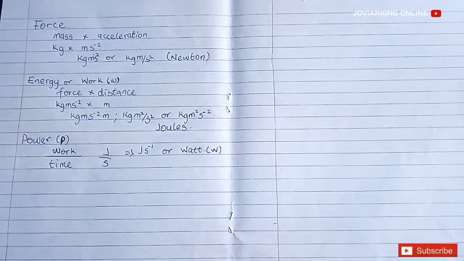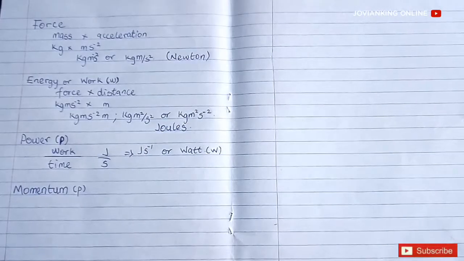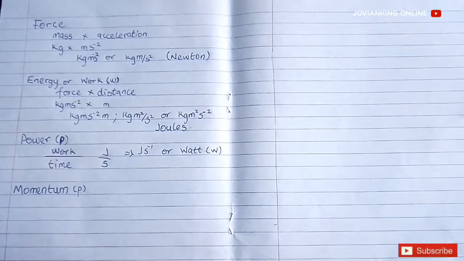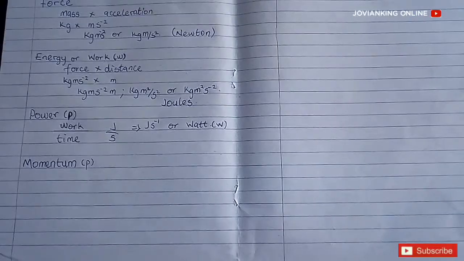The next one, we have momentum. By definition, we say that momentum is the multiplication of mass and velocity. Momentum has several definitions based on the context you are using it. But here, we say that momentum is the quantity of movement of a moving object.